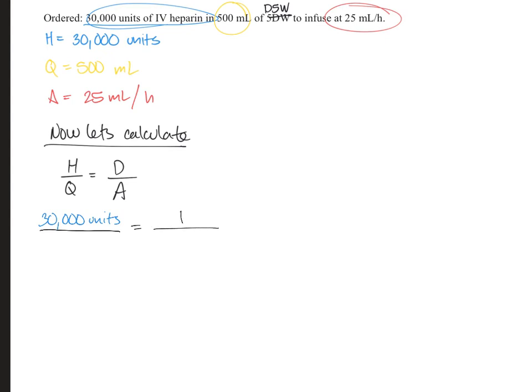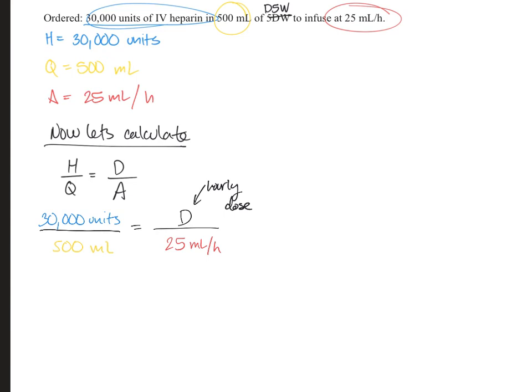D is what we're looking for, the dose that we're trying to administer, the hourly dose, because that is what we are trying to find. And then A is 25 milliliters per hour. And finally plugging in Q, 500 milliliters.